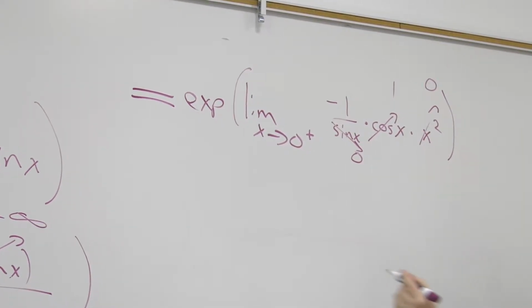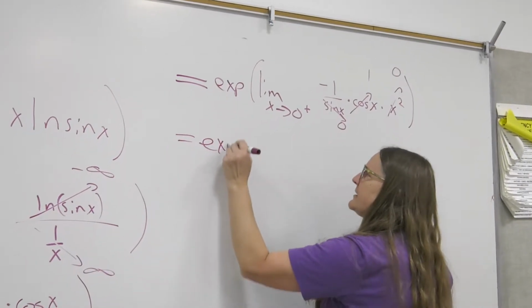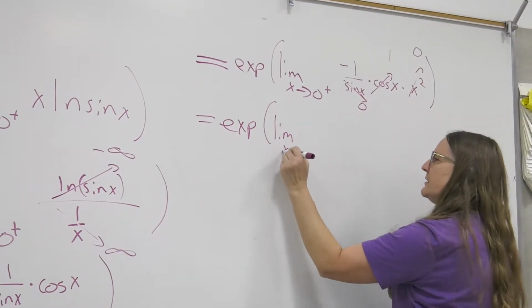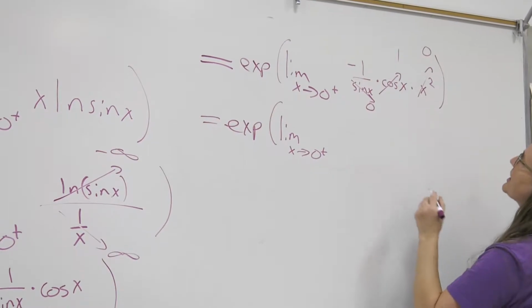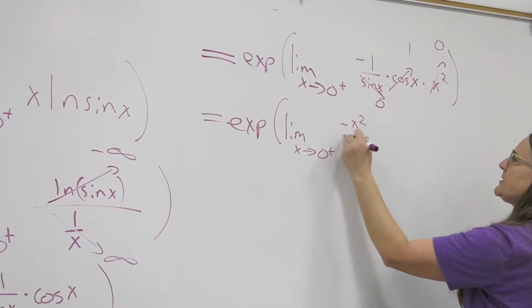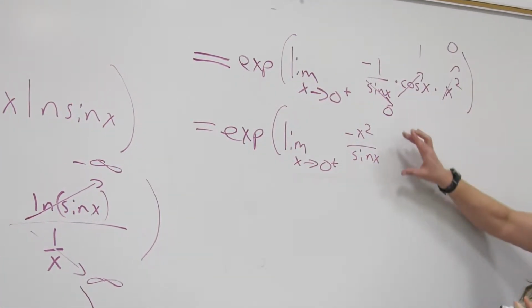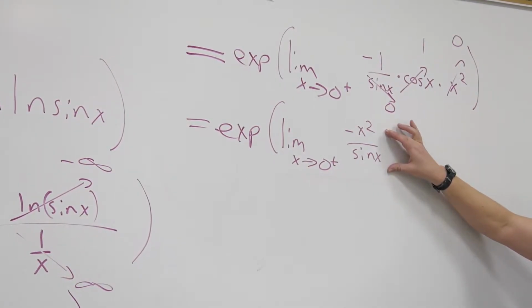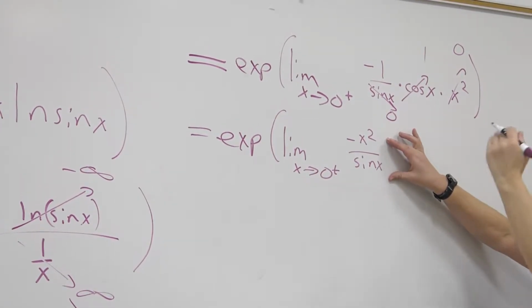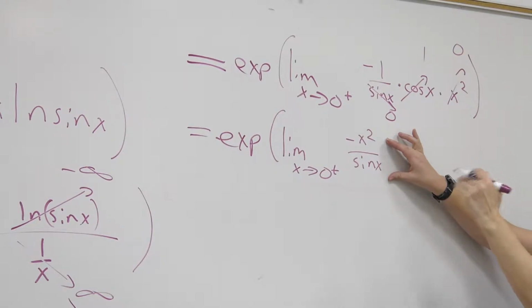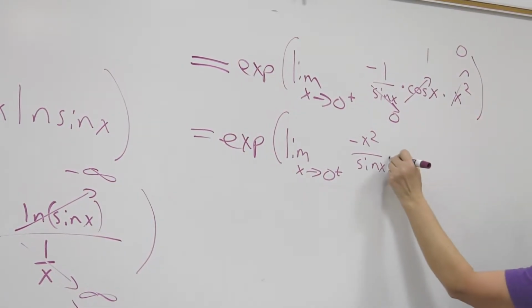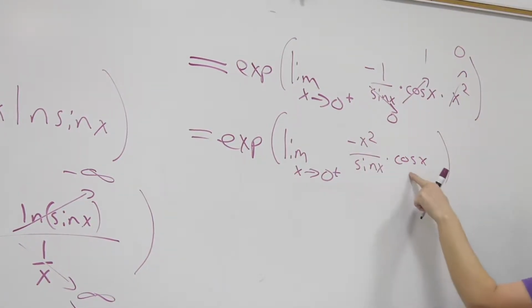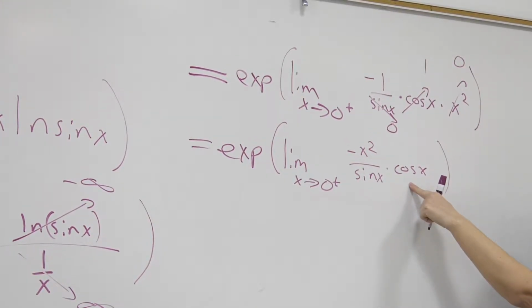So I'm just going to rearrange things a little bit. I'm going to notice that this is exp of the limit as x goes to 0 from the positive side, negative x squared over sine x. I put my two problem pieces together. These are the pieces that are going to 0 and contributing to an indeterminate form, times cosine of x. This is the nice well-behaved piece. This is just going to 0.